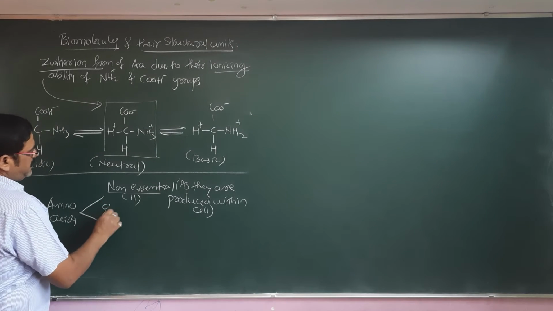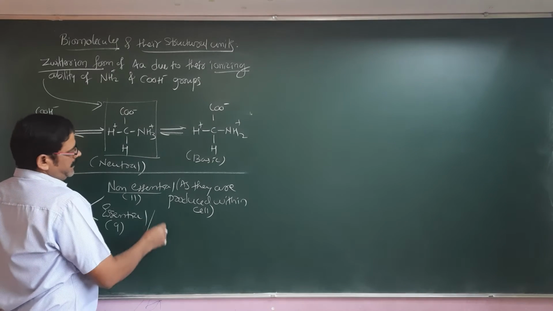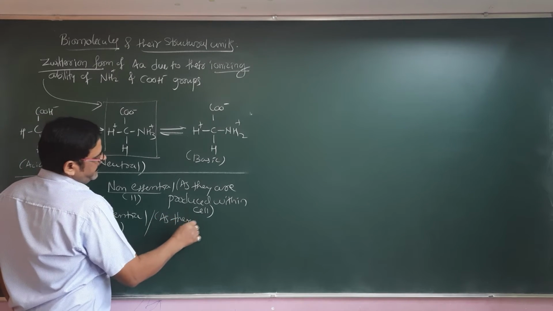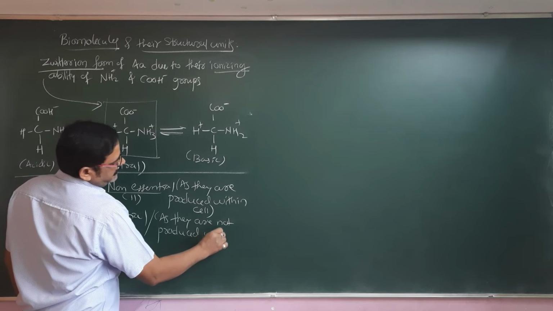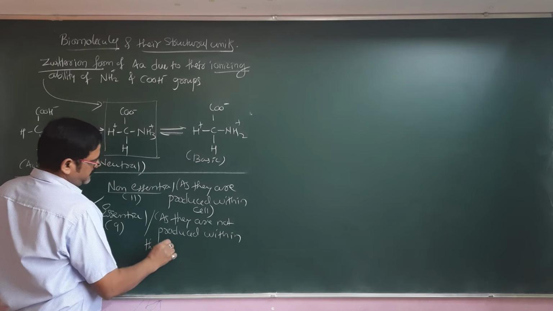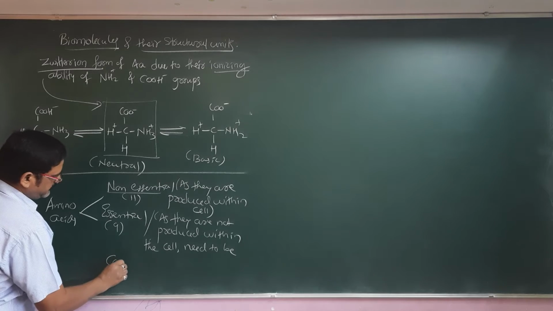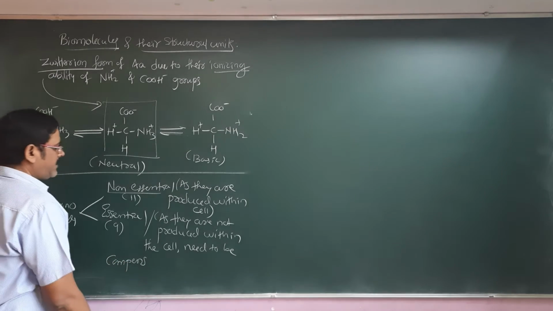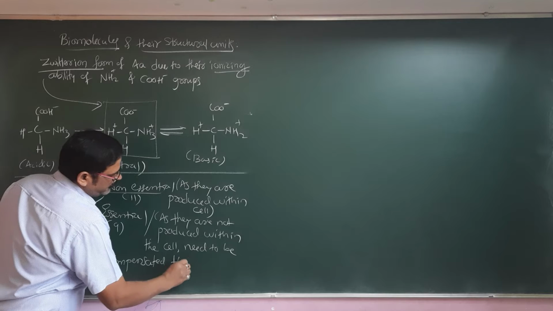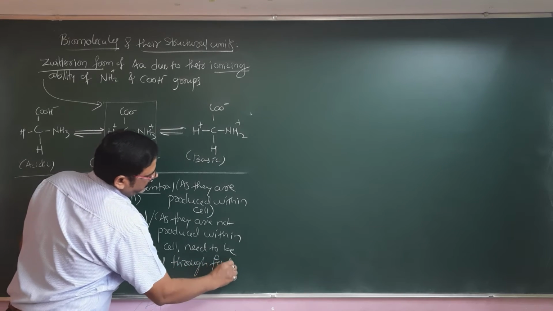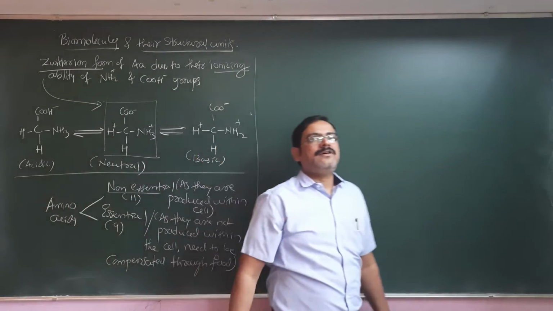Then essential amino acids, which are 9 types, are not produced within the cell, so they need to be compensated through the food we consume.